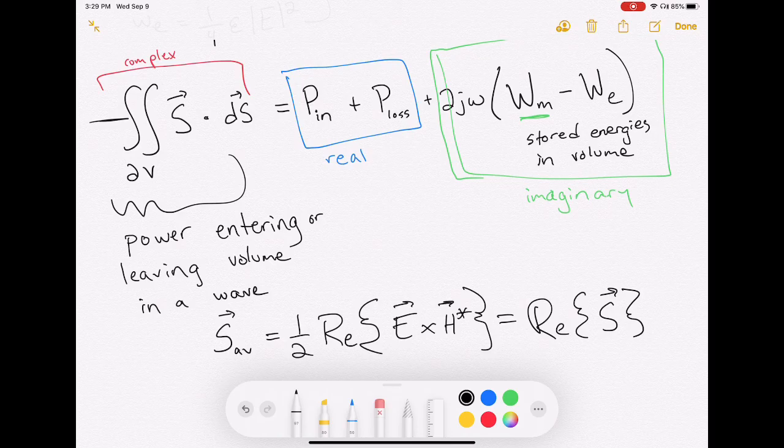In that case, we don't really talk about these stored energies in the volume. We're just talking about the power that's being input and being dissipated as loss. And that's the thing that we're talking about when we're talking about antennas.